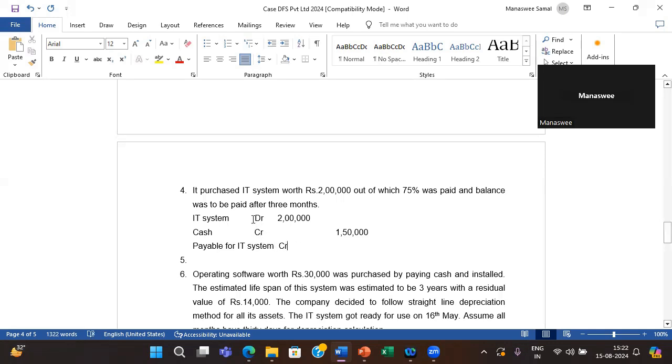Of course, it has to be aligned properly. Debit credit words should come below one by one. Then this figure will be 50,000. Okay, done. So this part of the transaction we have recorded.